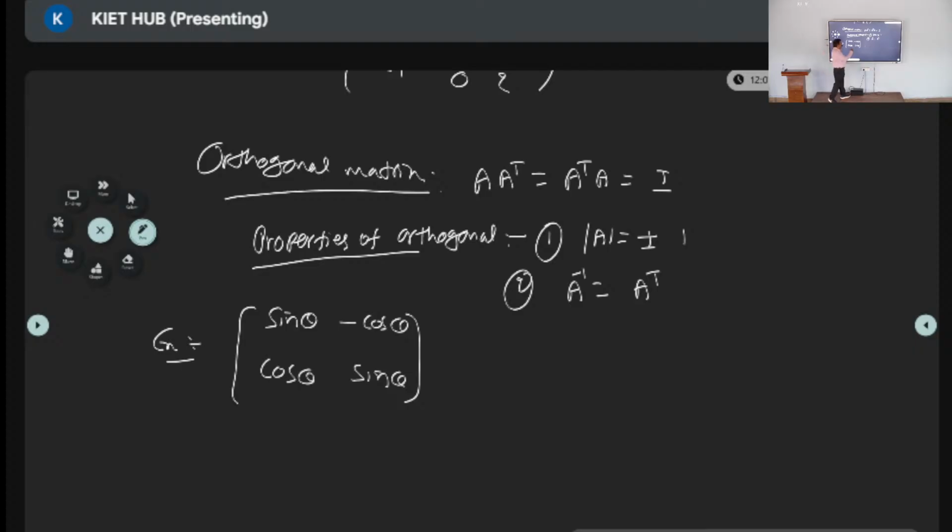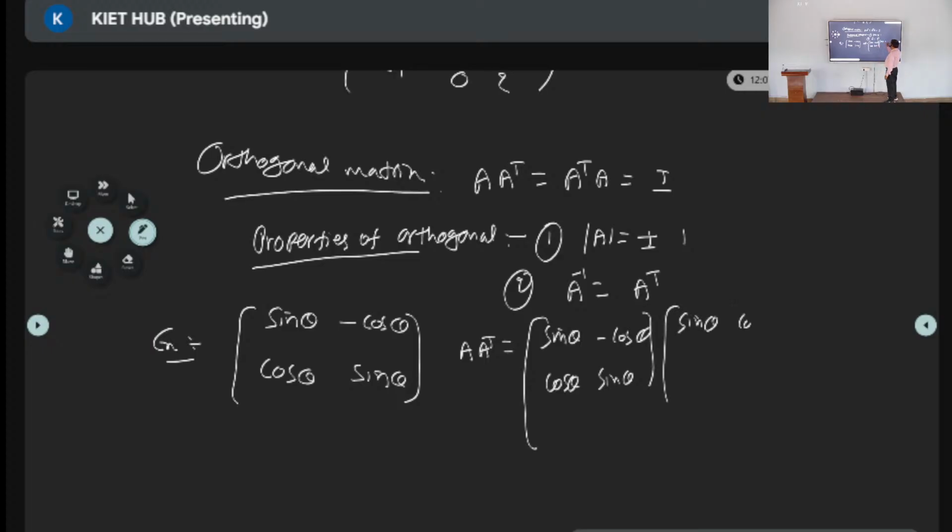Orthogonal. Check whether it is satisfying or not: A into A transpose. Sin theta, minus cos theta, sin theta into its transpose, which is sin theta, cos theta, minus cos theta, sin theta. What is the result?